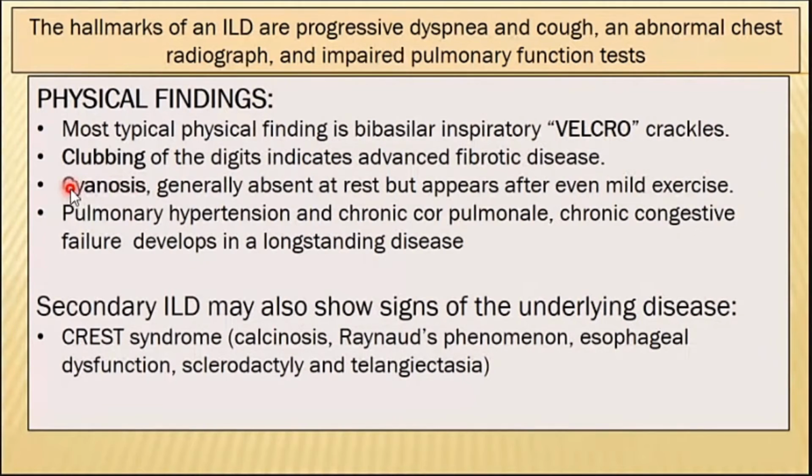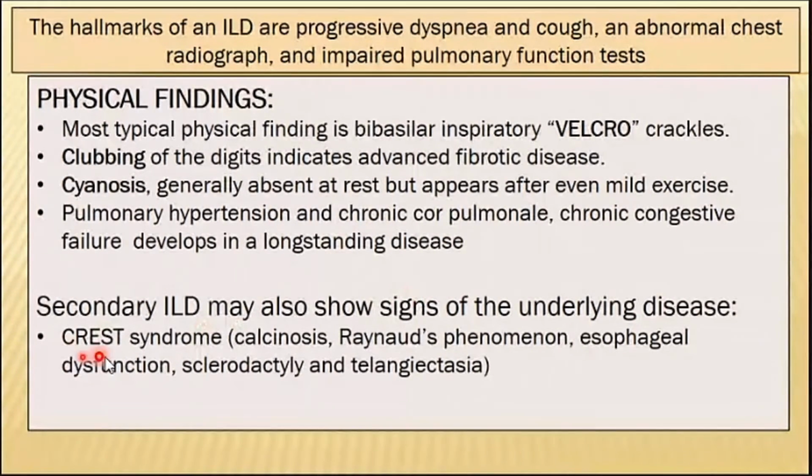Okay, those with chronic, long-standing ILD may then develop sequelae of the ILD per se, which is pulmonary hypertension, cor pulmonale, congestive failure, and all these signs may then be manifested in patients with long-standing disease. Then secondary ILDs may also show signs of the underlying pathology, not the ILD per se, but the underlying disease causing the ILD.